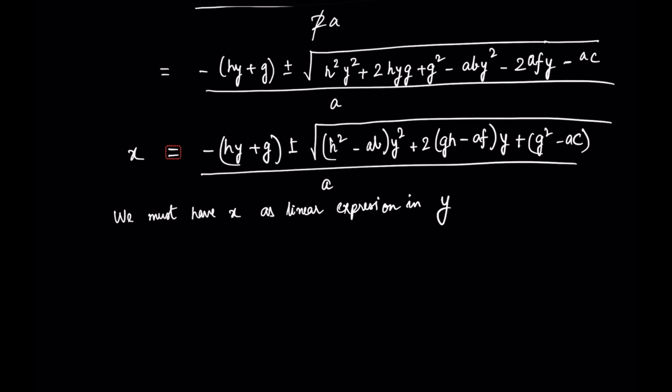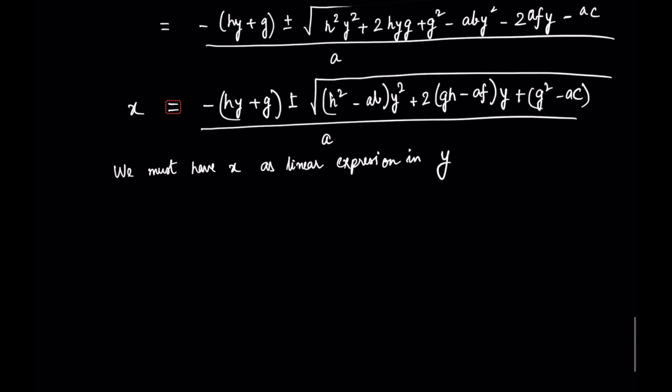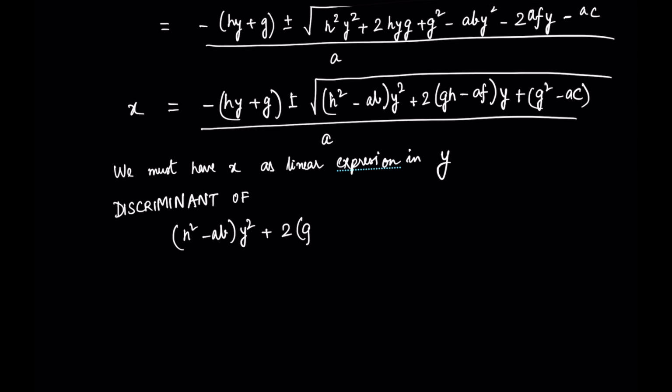For a perfect square, the discriminant of this expression, which expression? The discriminant of h square minus ab into y square plus 2 gh minus af into y plus g square minus ac must be 0.